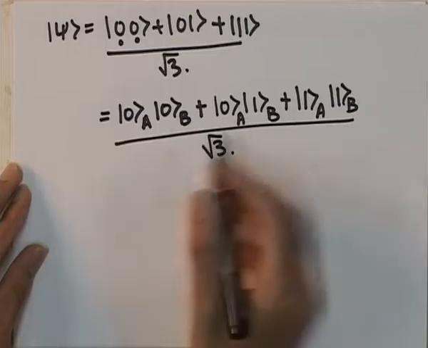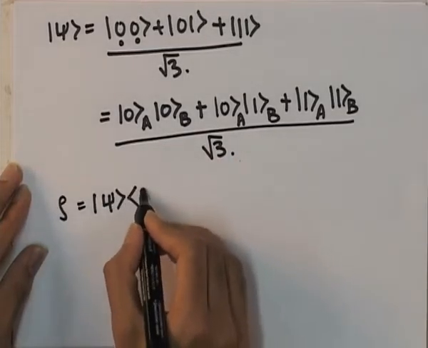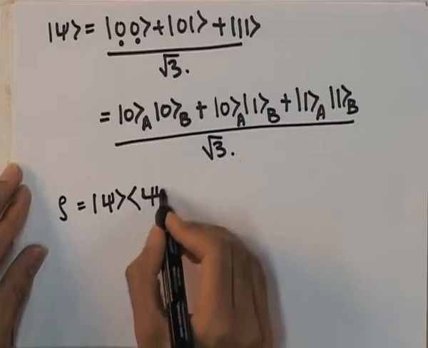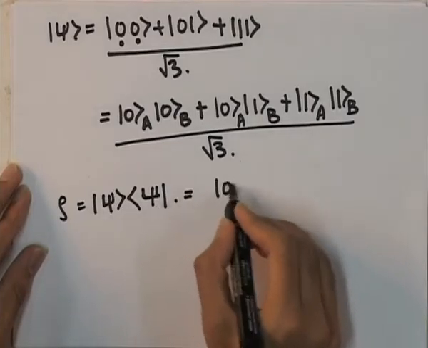So the density matrix corresponding to this would just be ket psi times bra psi, which would be this.